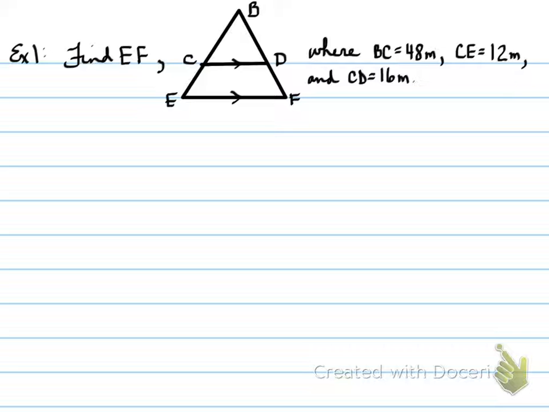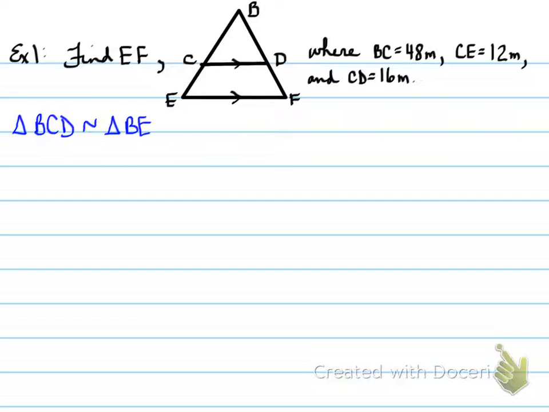Well, hopefully you're looking at this and saying, oh, I had better fill in the information that I'm given. BC is 48 meters, so you should write 48 here. CE is 12. CD, which is this one over here, is 16. And this is what we need to find.